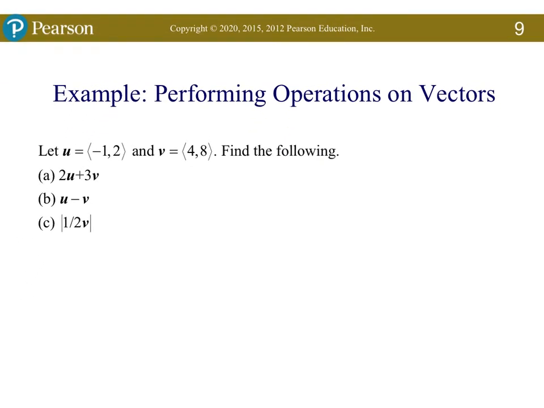So just for practicing some of those operations, 2u plus 3v means I'm going to have the scalar multiplication on u, so 2, -1, 2, plus the scalar multiplication on v. So that would give me -2, 4, plus 12, 24.